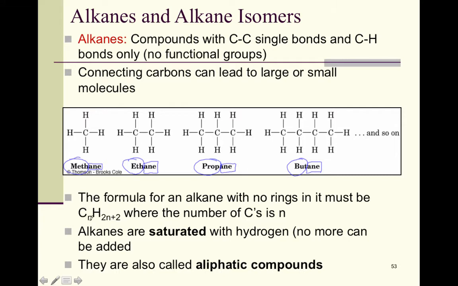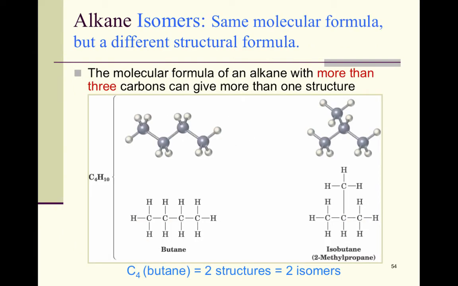So if C is 4, then n is 4. 2 times 4 is 8, plus 2 is 10. Did you notice we only had 10 here? So not only is CnH2n+2 the formula when we have an alkane, that's also when we have a saturated molecule.